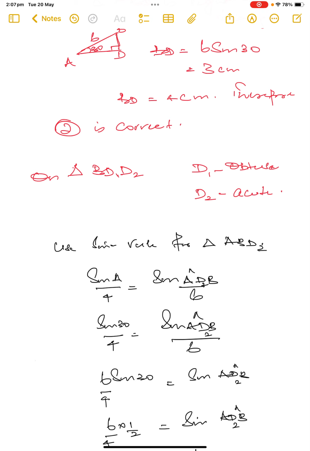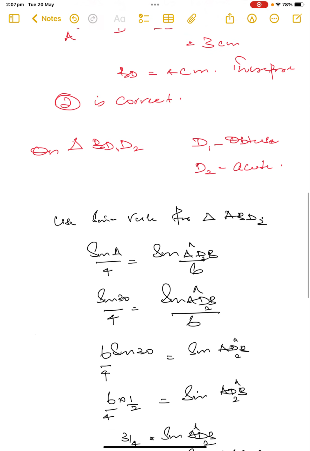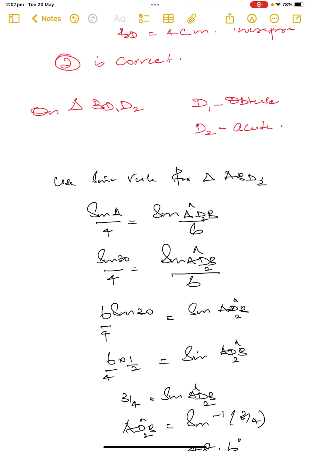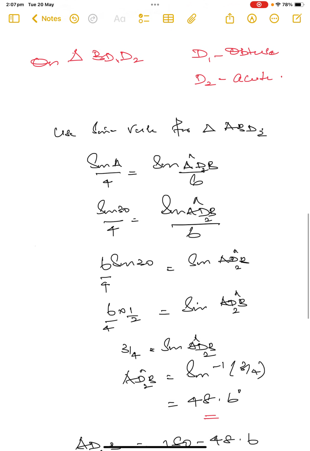Use the sine rule for just the ABD2 triangle. You could take whichever one, because we're going to end up with this acute angle. So sine rule for ABD2: sine A over 4 equals sine of angle AD2B over 6. Then sine 30 over 4 equals sine AD2B over 6.